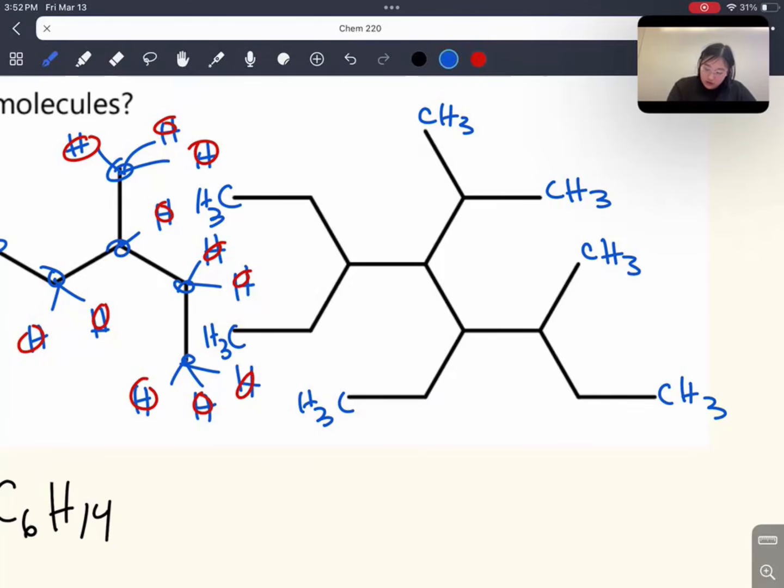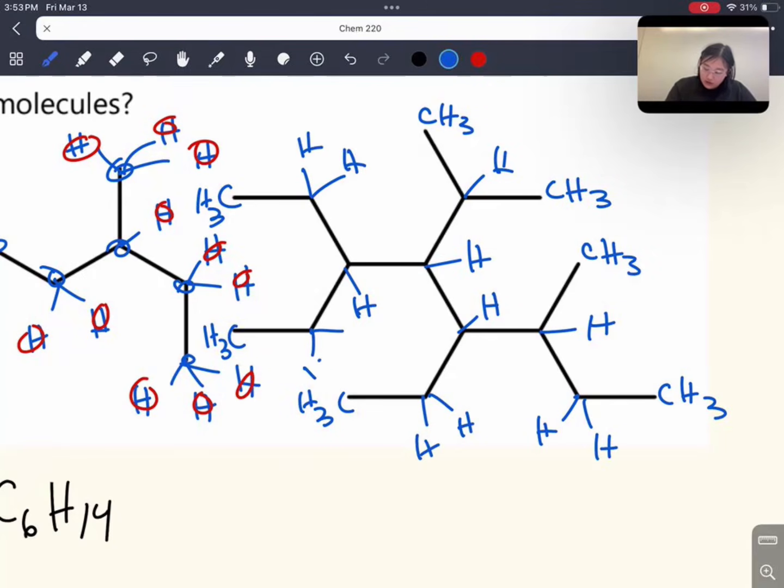And then there's H's here, here, here, here, here, and then there's 2 hydrogens on each of these carbons. Okay, so now I'm going to count my number of carbons. So I have 1, 2, 3, 4, 5, 6, 7, 8, 9, 10, 11, 12, 13, 14, 15, 16.